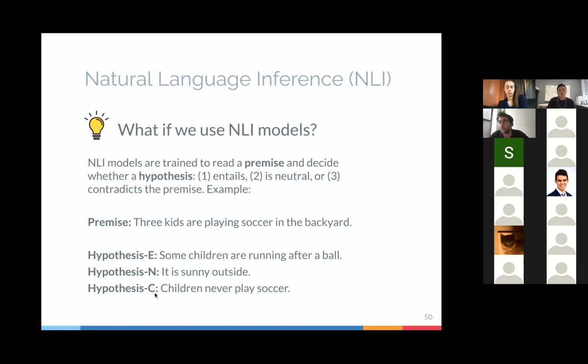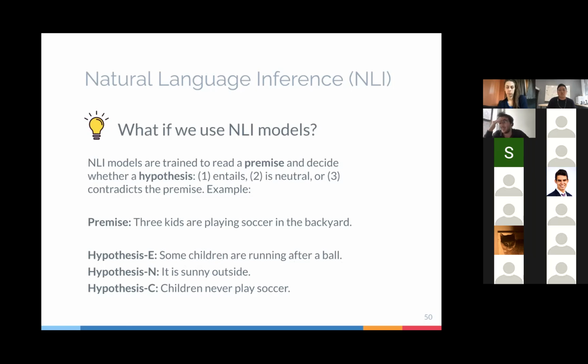Neutral, and then contradiction. So the examples I gave: some children are running after a ball, that's entailed. Neutral is it's sunny outside, because we don't really know if it's sunny outside, nothing is said about that. So it could be, it could not be. And then contradiction, children never play soccer. Well, obviously that's wrong, because some children are playing soccer.